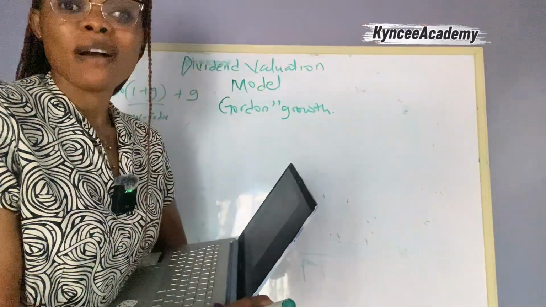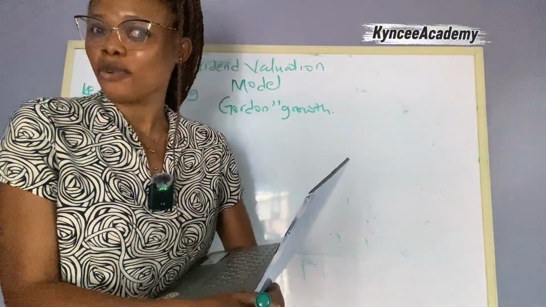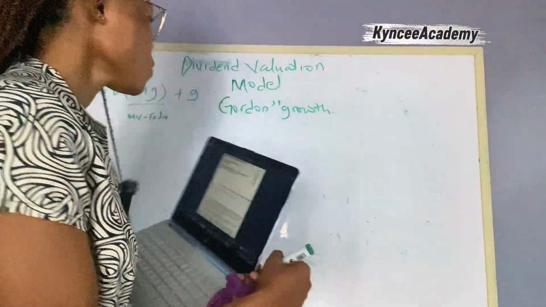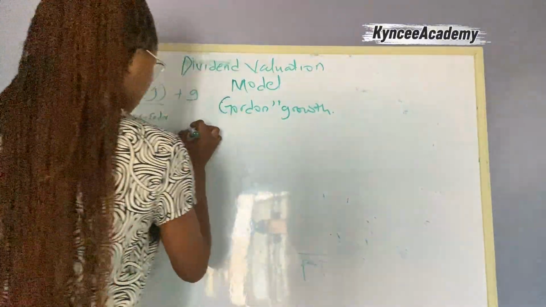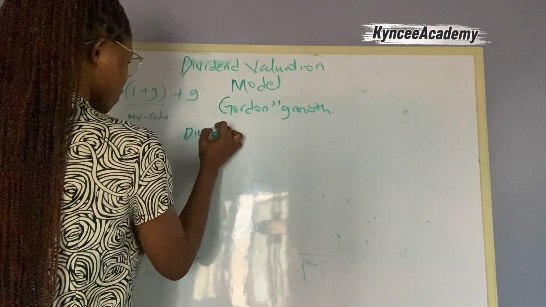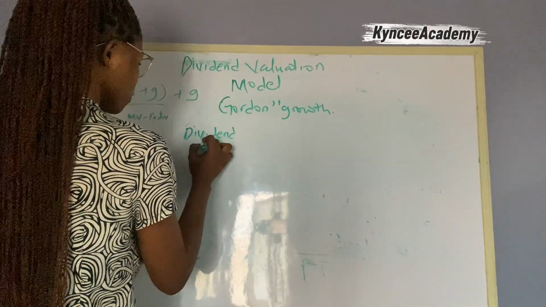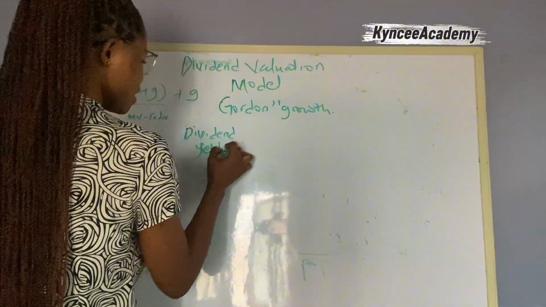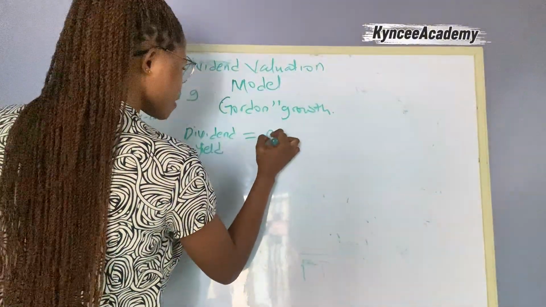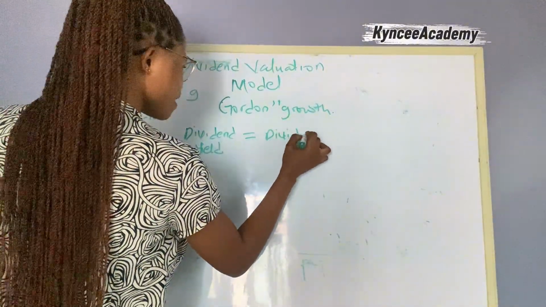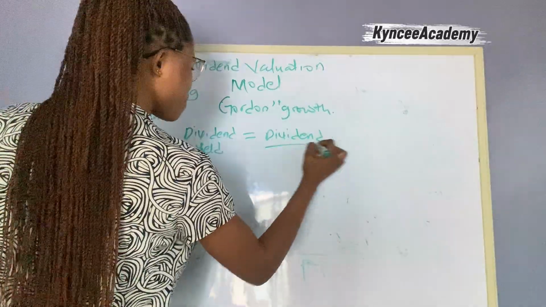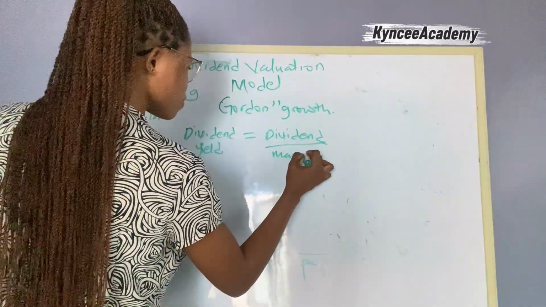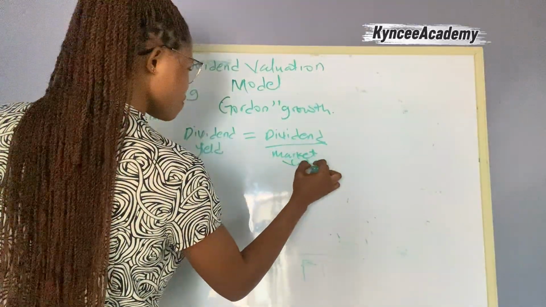So for us to calculate our dividend per share, first of all, we'll say dividend yield is equal to dividend divided by market value.